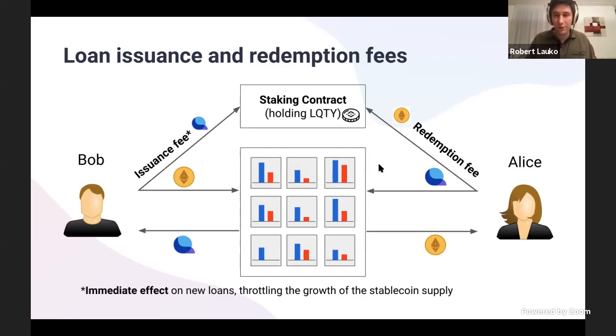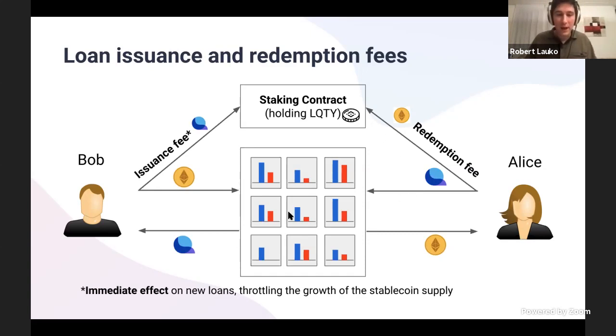Both the issuance fee and the redemption fee are one-time fees, determined as percentages of the loaned amount or the redeemed amount. And the fees are charged in LUSD here and in Ether for the redemption, and they are collected in a staking contract, which holds our secondary token called LQTY. So the stakers of these LQTY tokens would get a share of the fee revenue generated by the system.